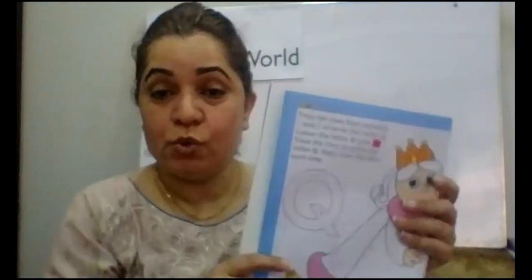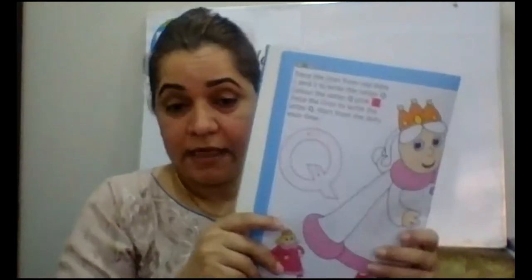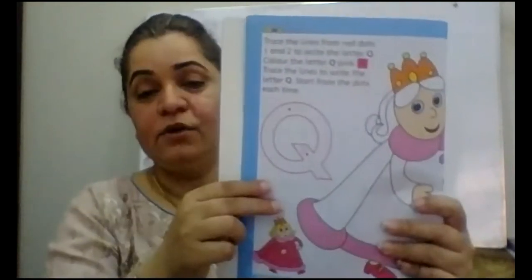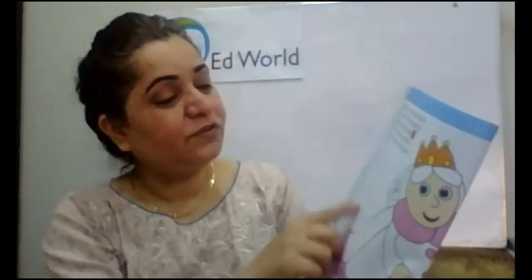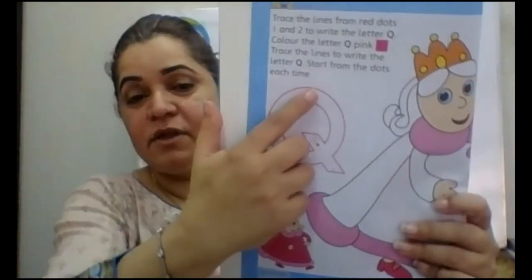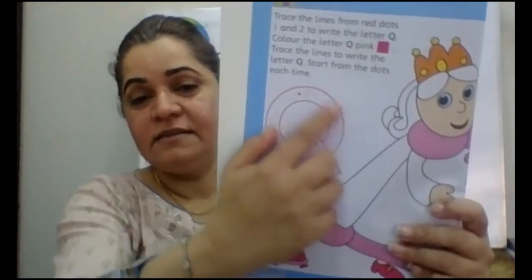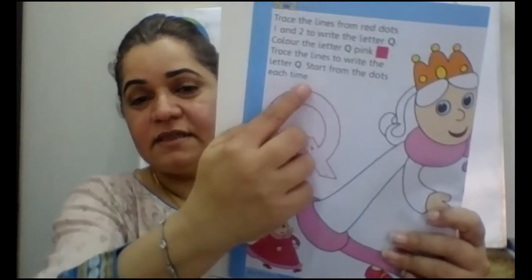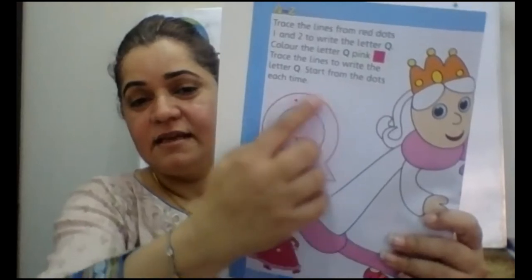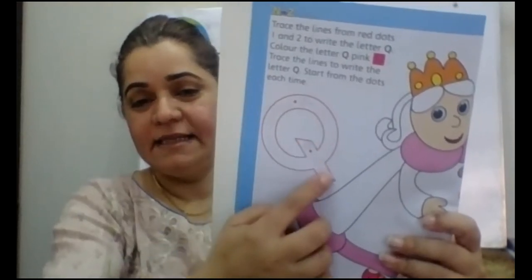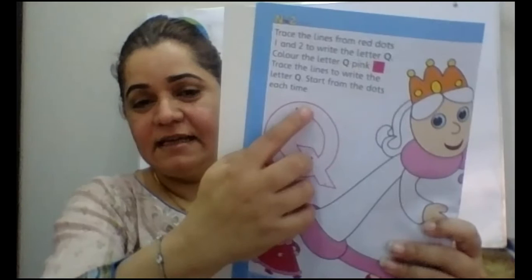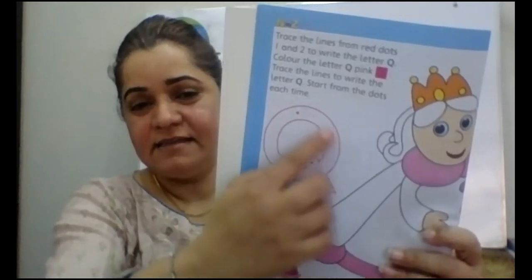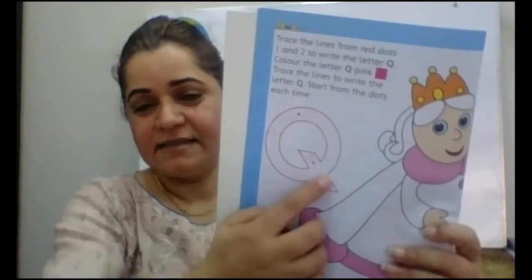So you wanted to do capital Q today, so we are doing that, okay? This goes from here, right here in the middle. This goes like this, and then this, and like this, okay?